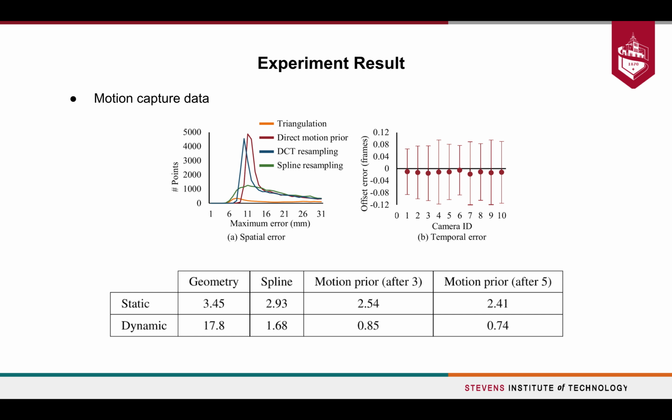Actually, they have a pseudocode for the algorithm, but this after 5 is actually after optimizing the cost function globally for all the values, and then using the DCT resampling.